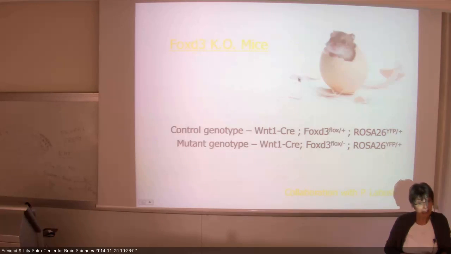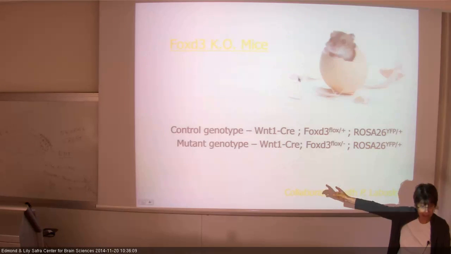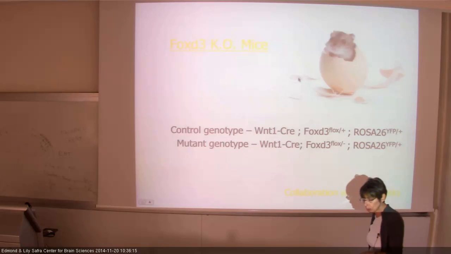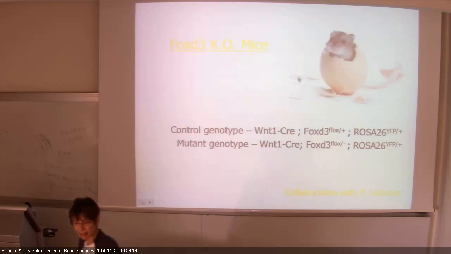And if we create an embryo that is a mutant to FOXD3, this is best done in the mouse, okay? Never mind the genotyping here. It is a mutant mouse that we constructed in which FOXD3, which is a very important transcription factor in the embryo, is mutated only in the crest, not in other cells of the body.